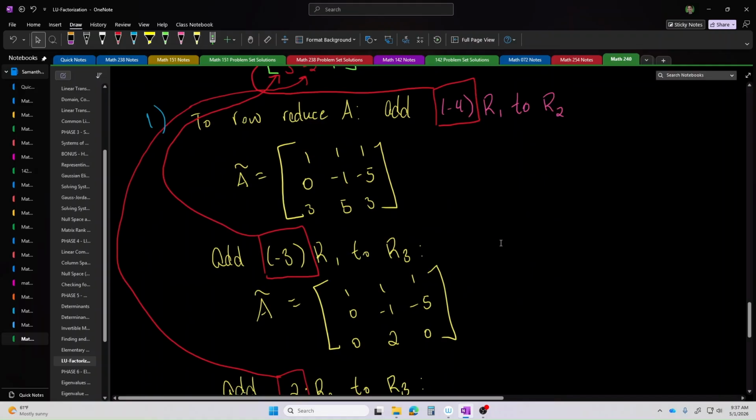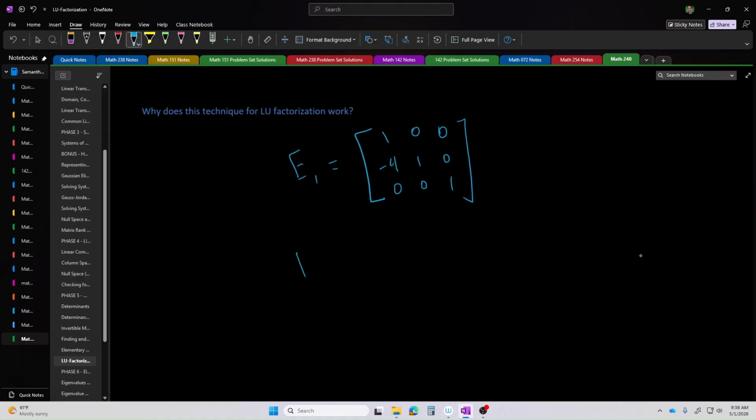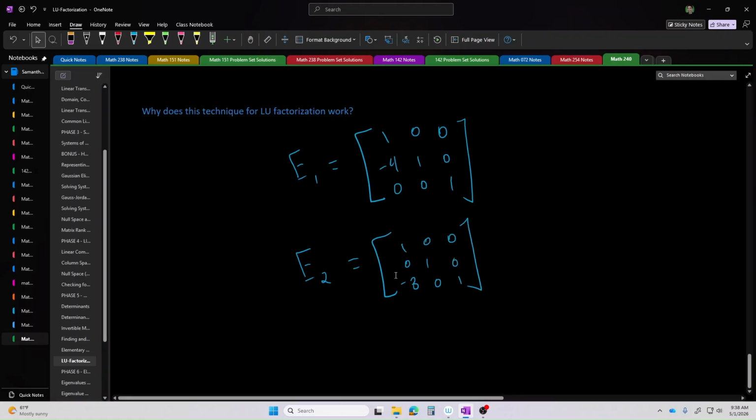The second operation, likewise, where we've added negative 3 copies of the first row into the third row. This operation can be represented by a second elementary matrix where we perform that same action on the identity. So that would put a value of negative 3 in the third row in the first column.